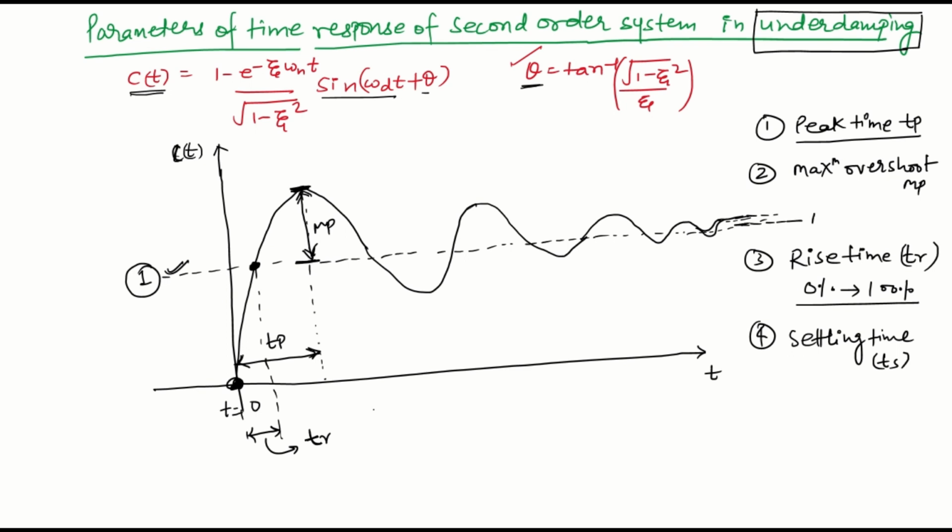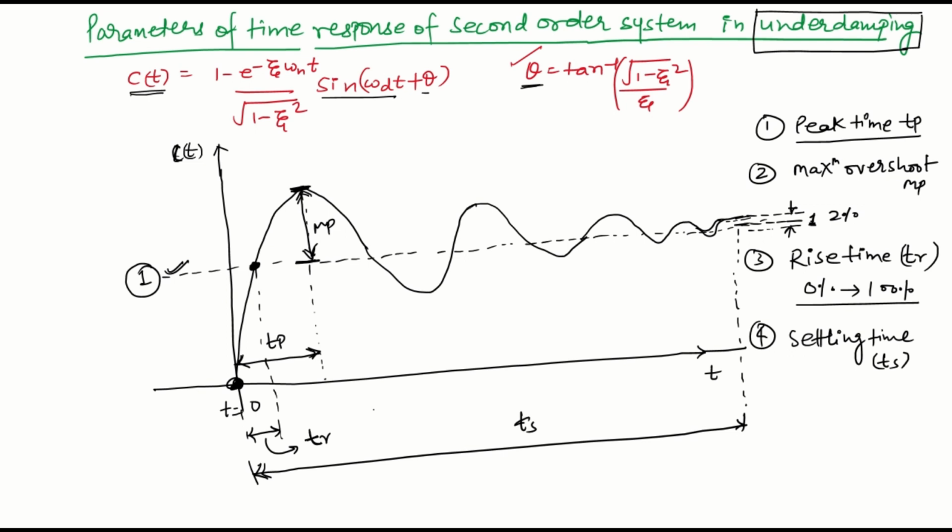Within this steady state value there is a tolerance limit, where the value of the output lies above the steady state value 1, and below it. If the response lies within 2% of the tolerance limit, the time till then is known as the settling time. So this time from here to here, until when the response is within plus minus 2% tolerance band, is the settling time, Ts.